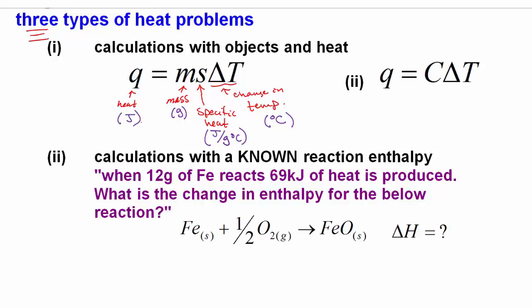A second equation to handle these types of problems is Q equals C delta T. Again, Q is our heat. Delta T again is our change in temperature, final minus initial. And C is our heat capacity.